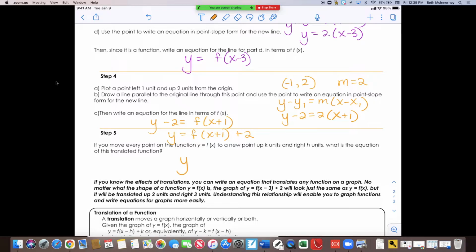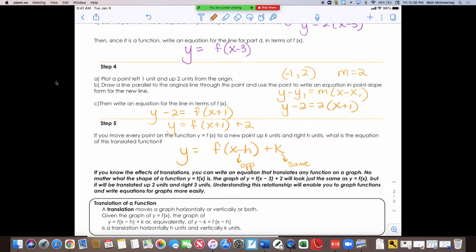In general, it's y equals f of x minus h plus k. So it's going to be the opposite of what you think on the inside, the same as what you think on the outside. The k does the up-down, the h does the left-right, but the opposite of what you think.